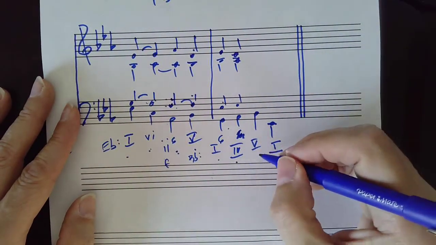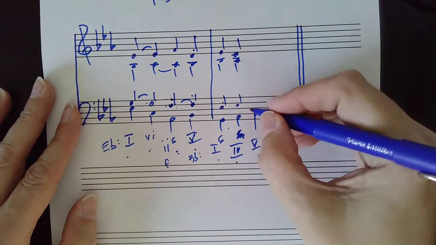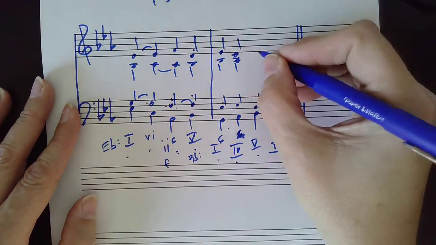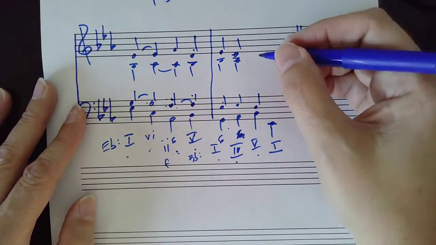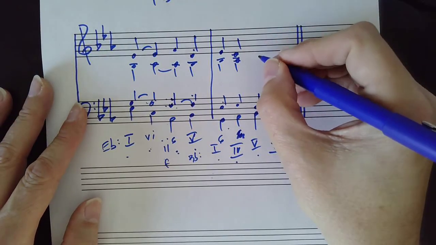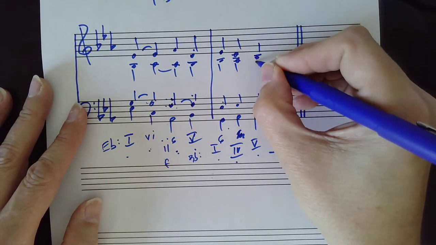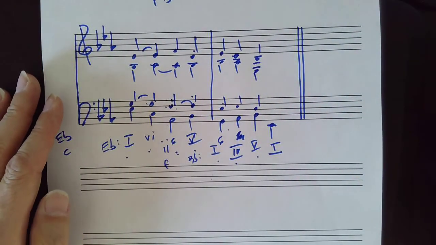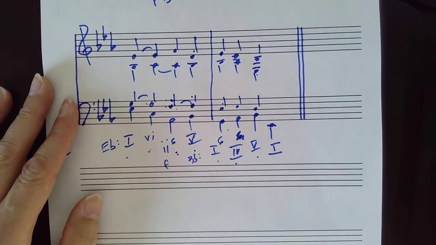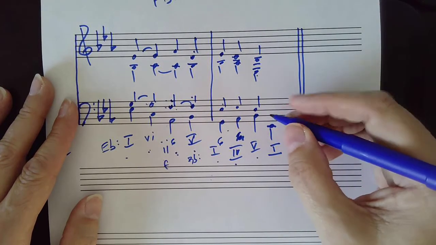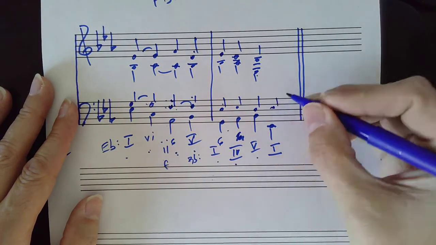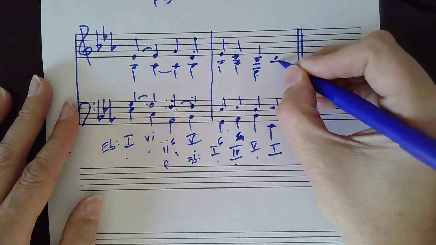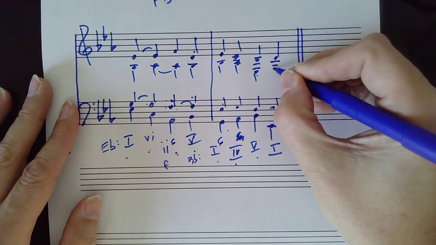And now the bass moves by step from 4 to 5. Upper voices have to move contrary motion to the bass, or you will get parallel octaves and fifths. Nice and low. Technically out of the range for altos, but you know, they can do it. I have faith in them.